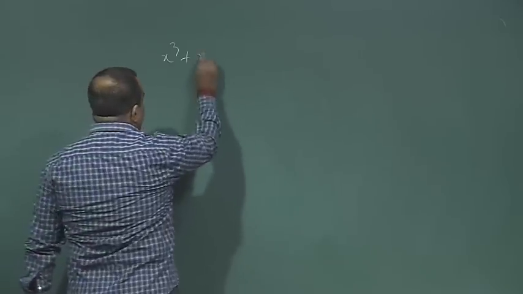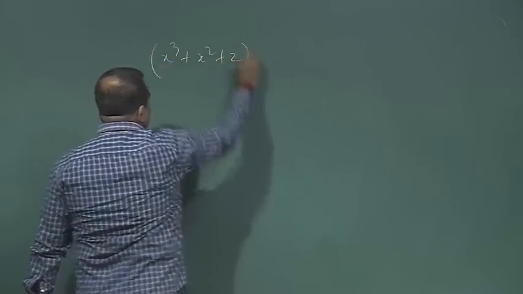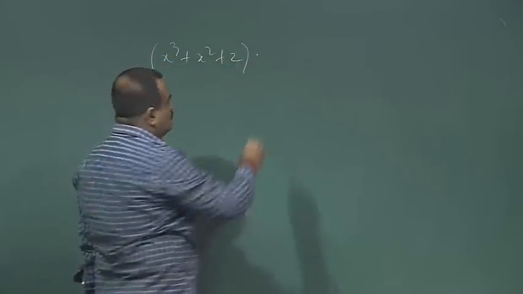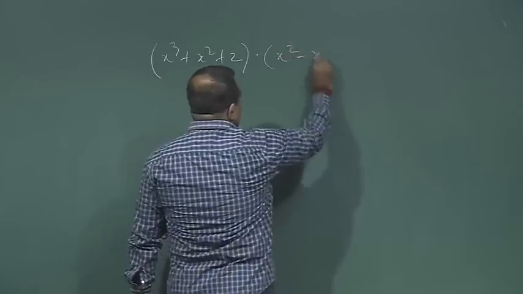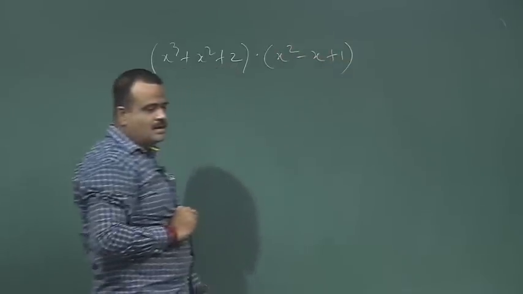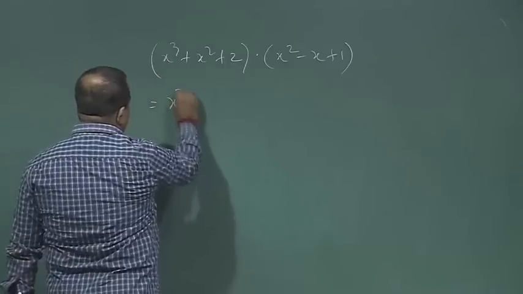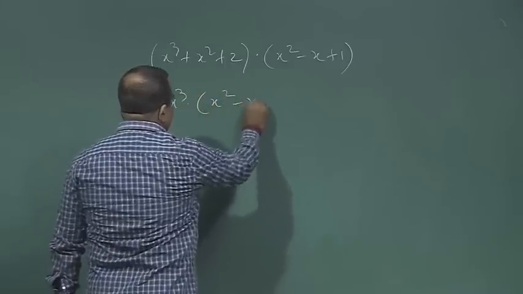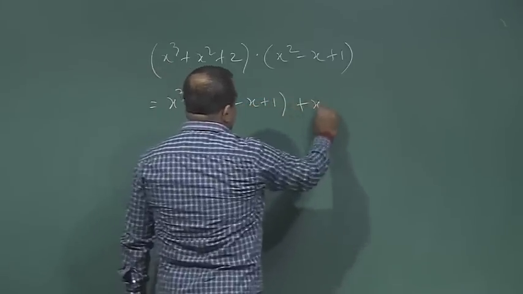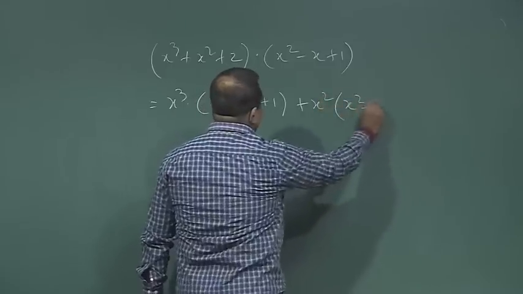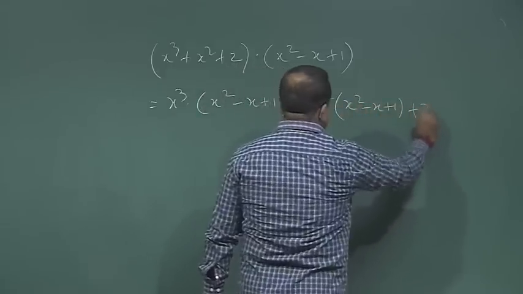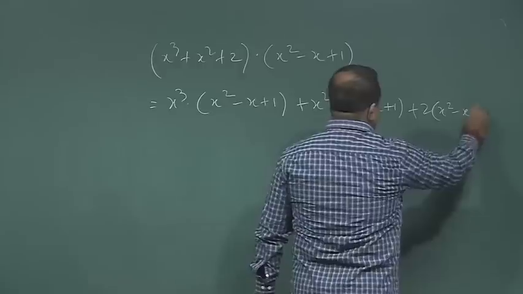So, if we have two polynomials, say x cube plus x square plus 2, this is one polynomial. If you want to multiply this with another polynomial, x square minus x plus 1, we first take x cube into (x square minus x plus 1), then plus x square into (x square minus x plus 1), then plus 2 into (x square minus x plus 1).